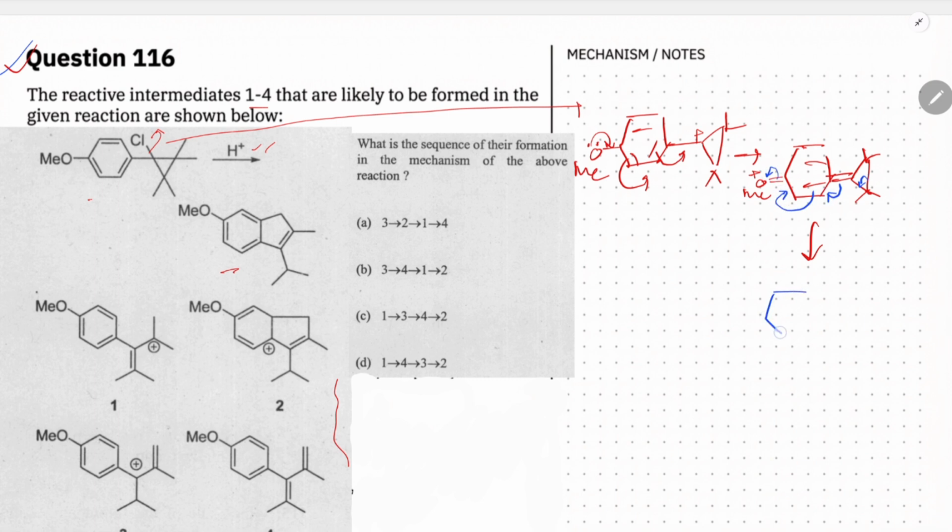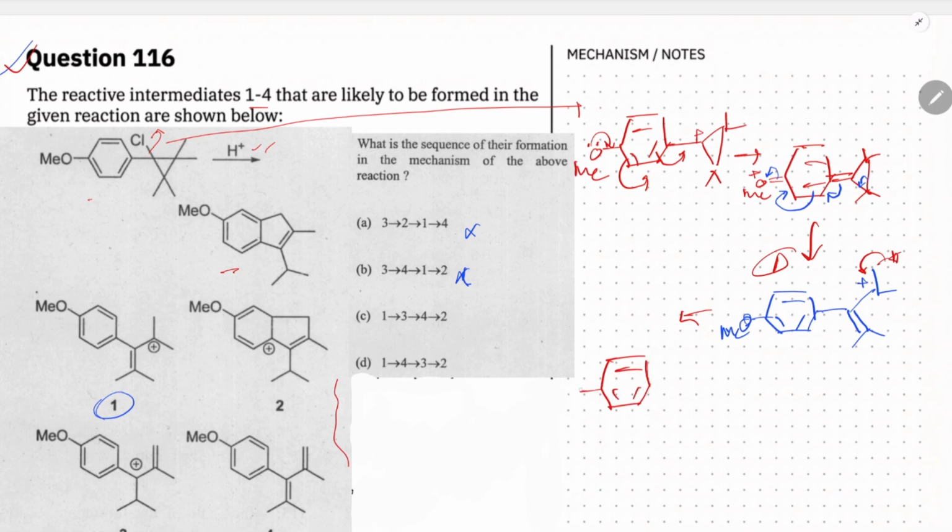So the final situation is, now it will again regain the aromaticity, OMe, methyl, and here it is forming this and leaving this carbocation, and this species is 1. Okay, so these two options get eliminated. So this is one species. After that, this is a proton, and it can be eliminated to give the product.